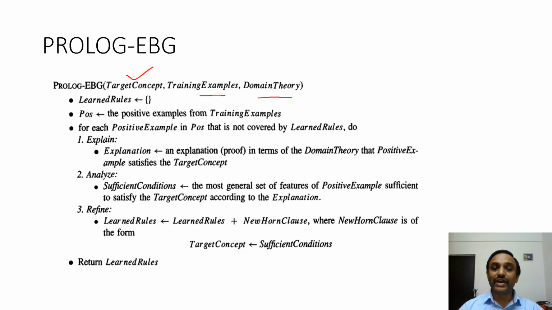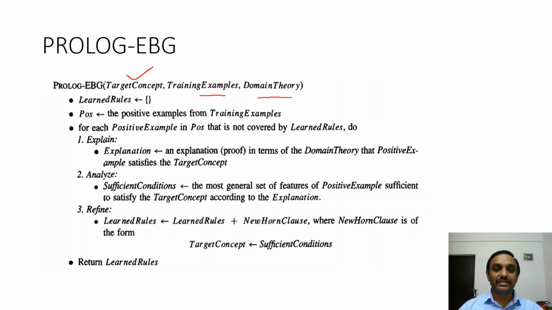After that we have to analyze that particular one. For that analysis we have to consider sufficient conditions: the most general set of features of the positive example sufficient to satisfy the target concept according to the explanation.